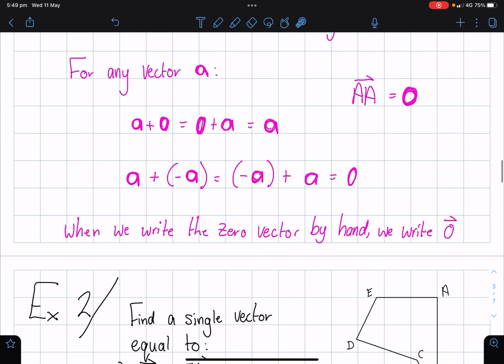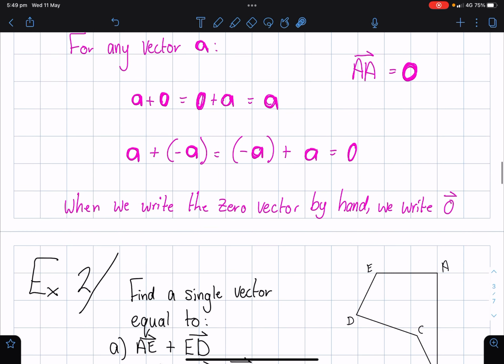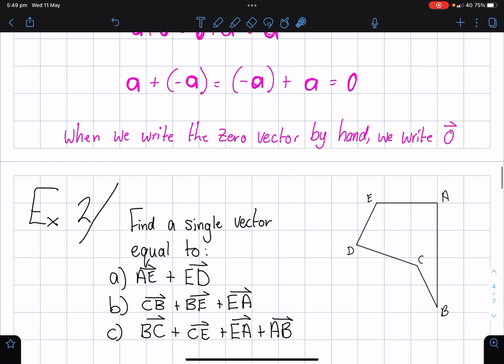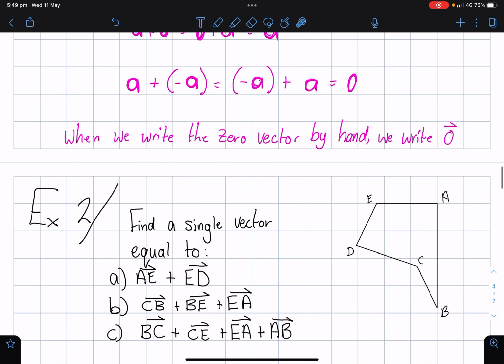So the second example I want to show you guys today is finding a single vector from a shape and a bunch of vector sums. So for A, we're looking at A to E plus E to D. So that would give us a resultant vector A to D. Remember, we can just look at this first letter here and this last letter here.